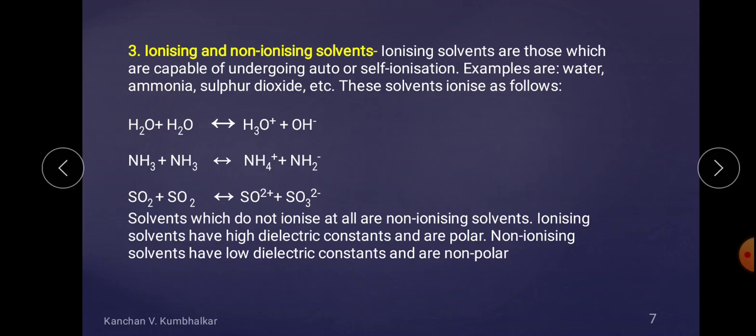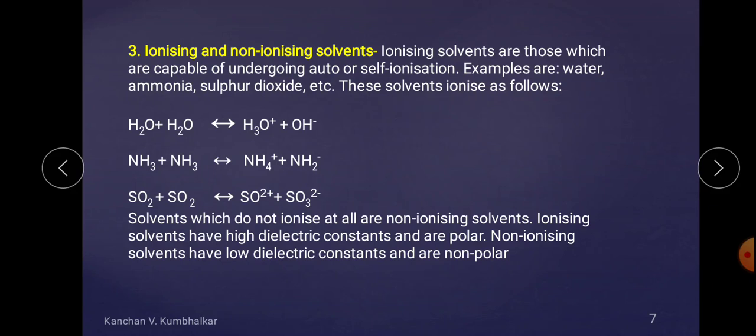Next, another example is NH3. NH3 gets converted into NH4 positive and NH2 negative, cation and anion. And lastly SO2. SO2 again gets converted into SO2 positive and SO3 2 negative. So this is all about autoionization and ionizing solvents. And the solvent which does not ionize at all is called a non-ionizing solvent.